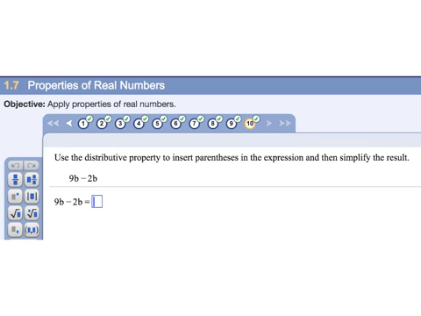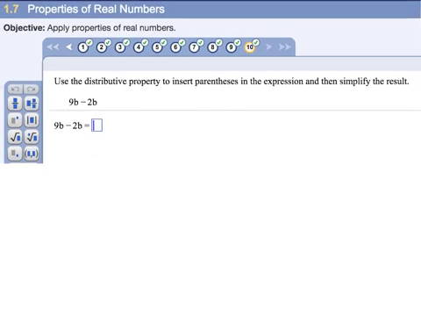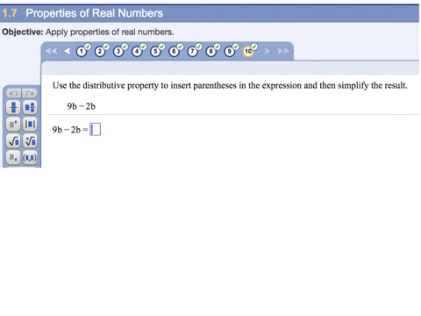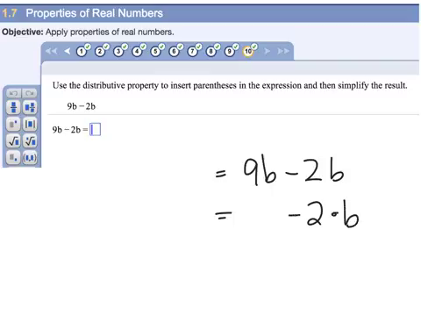And the last one, use the distributive property to insert parentheses. So basically, this is kind of going in reverse. So I'm going to write it over here, 9b minus 2b. Now I want you to think of this as 2 times b and 9 times b.